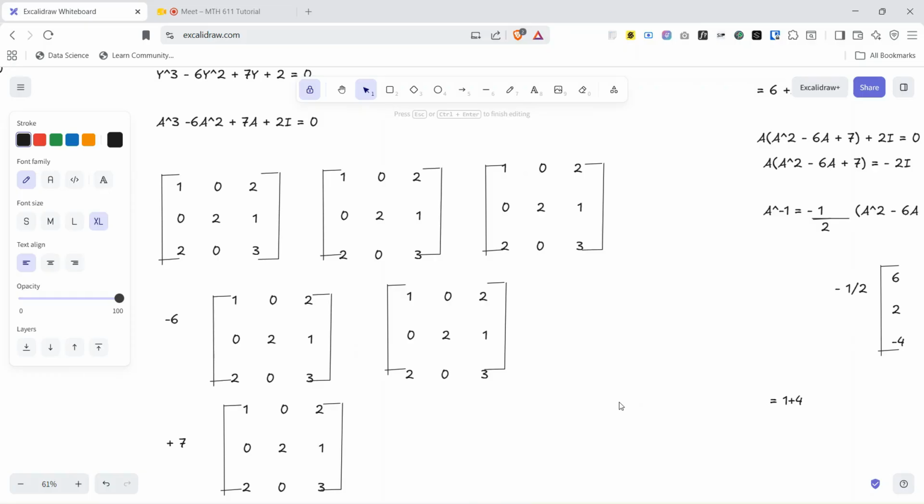Then 1 times 0, 0. 0 times 2, 0. Then 2 times 0, 0. So the middle one will be 0. The third one, this multiplied by this: 1 times 2, 2. 0 times 1, 0. Then 2 times 3, 6.